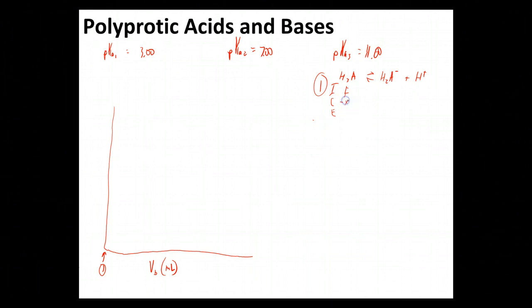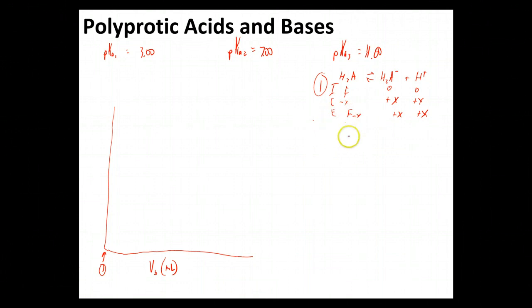Then we're going to lose some of this as X. We didn't have any of this initially, but now we're making some. So we end up having formal concentration minus X. Over here we're going to have plus X and plus X. So we're just going through our normal ICE table, and we're used to seeing this sort of form.